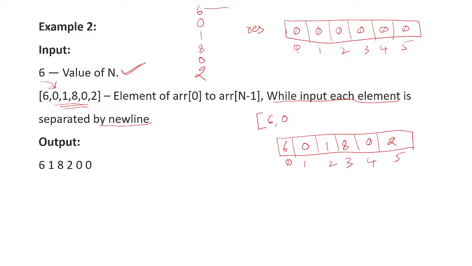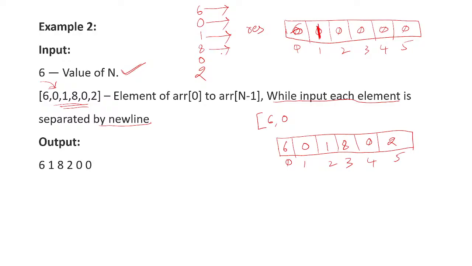Now you read the first number. If it is a non-zero number, store it at index 0. Then read the next number. If it is 0, just throw it out. Then read the next number, a non-zero number, store it at index 1, the next index.